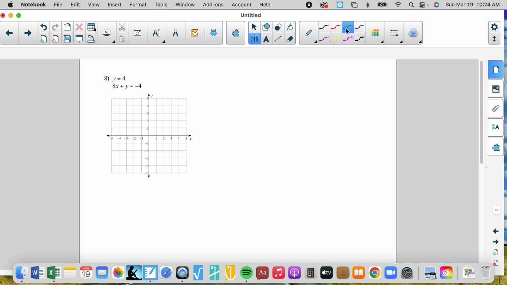So this is the situation where we're given lines in 2 different forms. We can see this equation as in slope-intercept form. So my slope is 0, which is 0 over 1, which is up 0, right 1, and my y-intercept is going to equal 4.